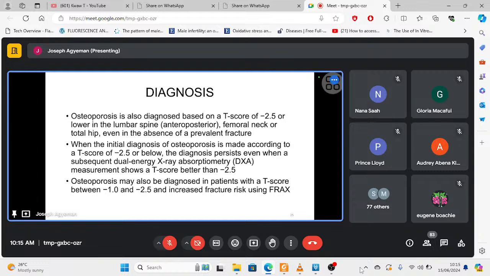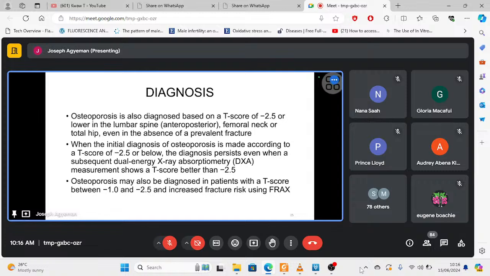What else? When the initial diagnosis of osteoporosis is made according to the T-score, that is below -2.5, the diagnosis is still present even when next time you do the score and it is now even better, that is between, let's say, -1 and -2.5, because we are talking about when it is below -2.5.